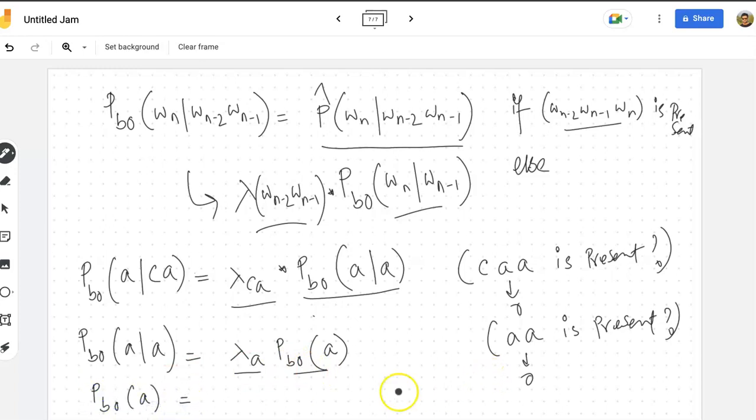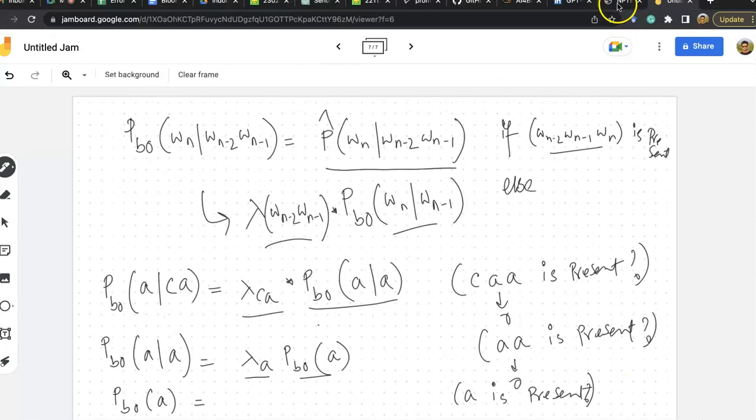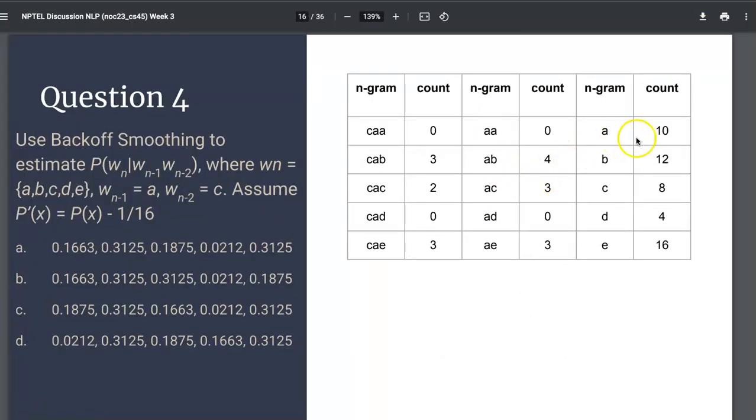Let's see if A is present or not in the chart. Yeah, A is present and its count is 10. So it's present.